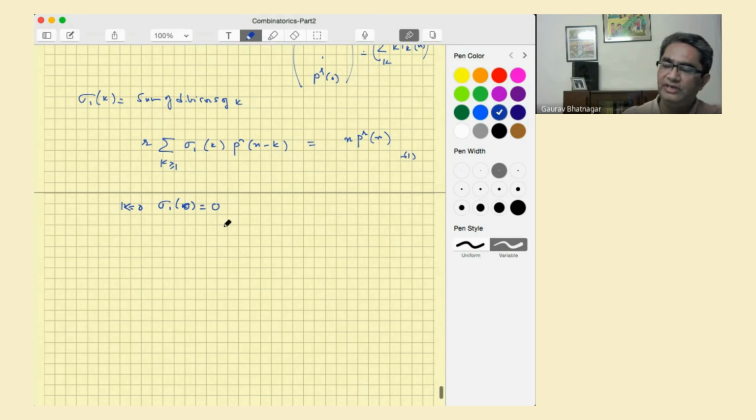So suppose we take generating functions. What do we get?